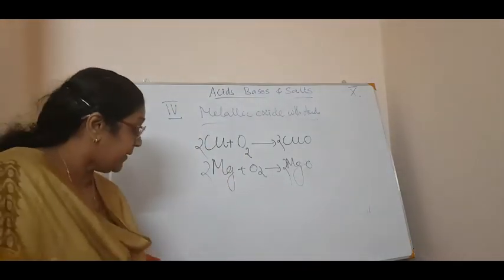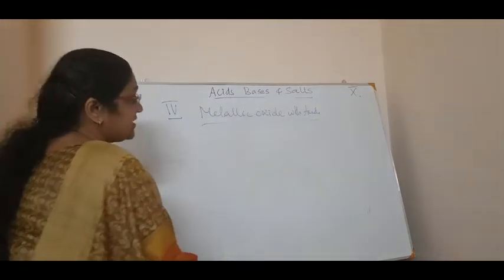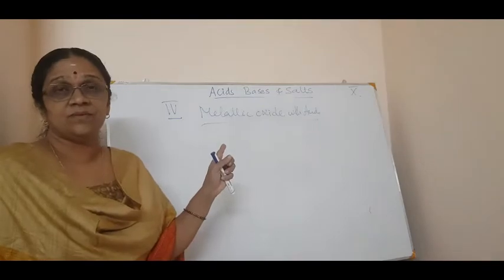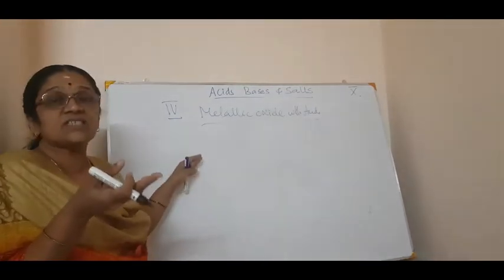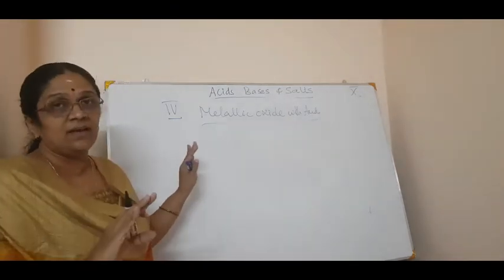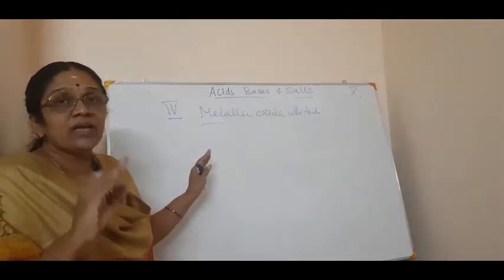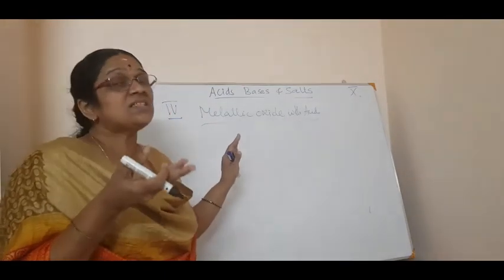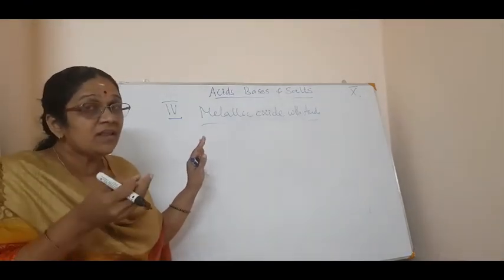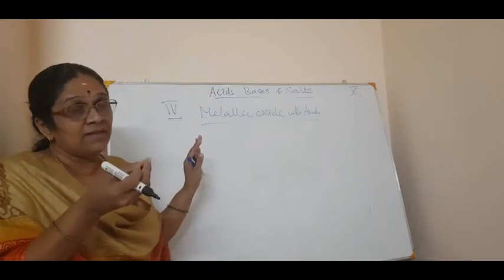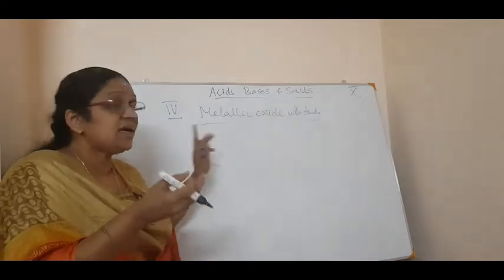Now we will see an activity based on this, of what happens when metallic oxides react with acids. For example, you take some cupric oxide, that is copper oxide. Copper oxide means the valency is 2, copper 2 oxide. You know what the color of copper oxide is. We studied in the redox reaction: we heat the copper and a black color substance is formed, which is called copper oxide.